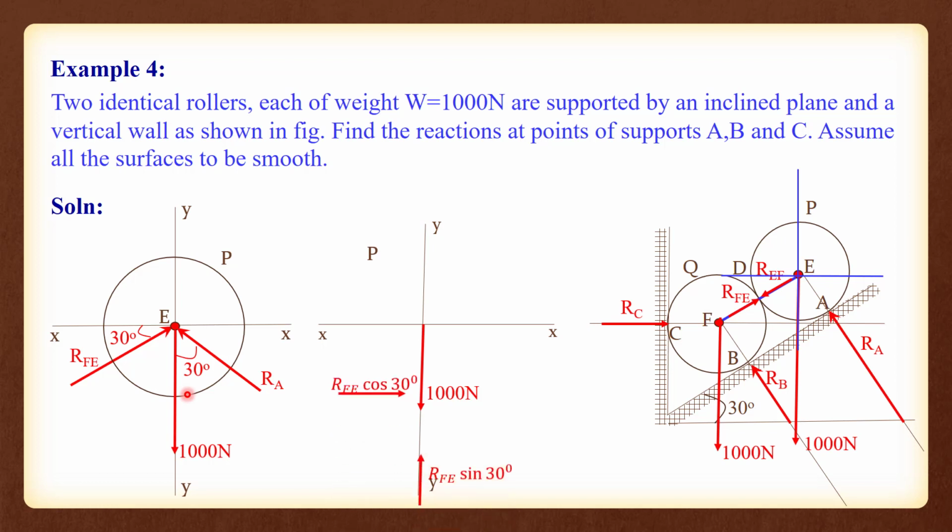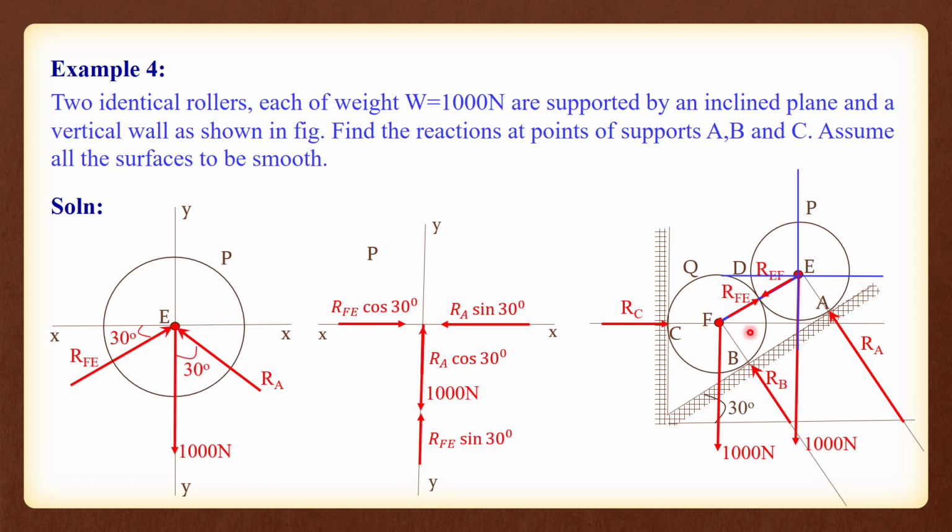So we can draw all these forces in the new xy axis. Here you can see RFE sin 30 acting upward, RFE cos 30 acting towards right, Ra sin 30 acting towards left, and Ra cos 30 acting upward. Again 1000 acting in the downward direction.